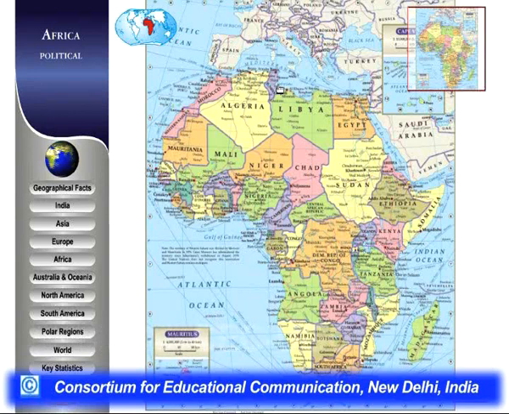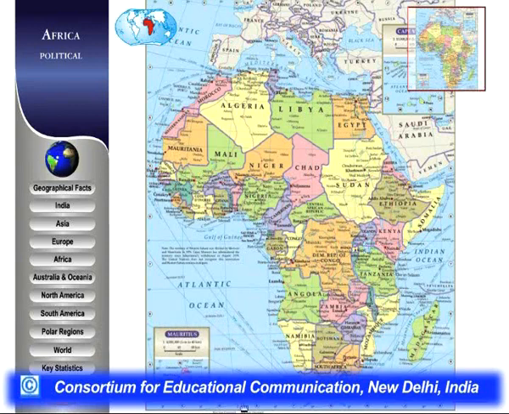So let's see, we start the journey, 33 coastal countries, and we'll begin number 1 with Morocco. So Morocco, Algeria, Tunisia, Libya, and Egypt.